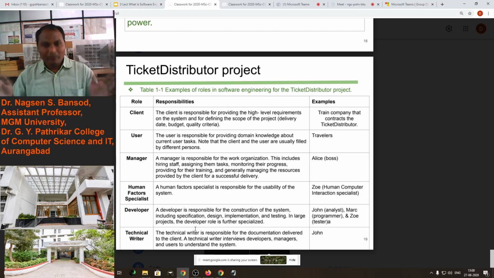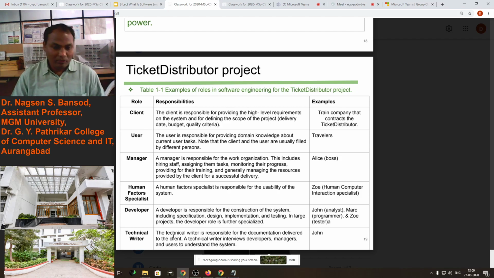Suppose there is a very big project, then there are various developers, like design developer, coding developer, and so on. Various roles may be given to the developers. Example, John is the analyst, Mark is the programmer, Joey is the tester. All these roles may be given to the developers.